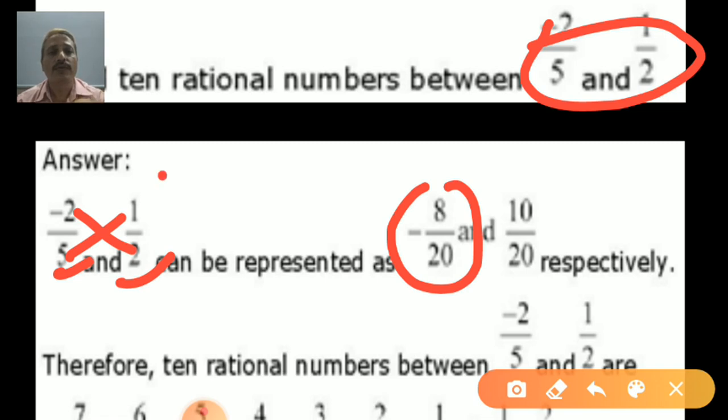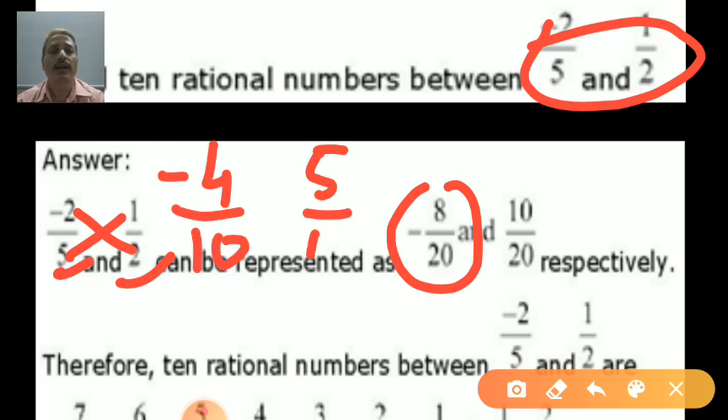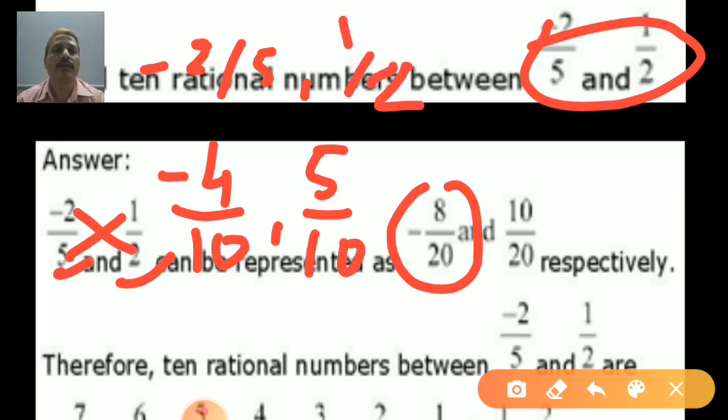So 2 twos are 4, that means -4, and then plus 5, and then 5. Isn't it, student? And here is the 10 and here is the 10. Now two numbers I am having in place of -2 upon 5 and 1 upon 2. These are the equal denominators. Student, -4 and 5. In between there, are 10 numbers lying or not?